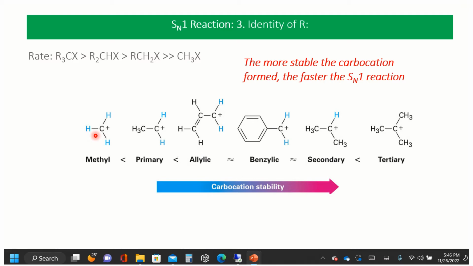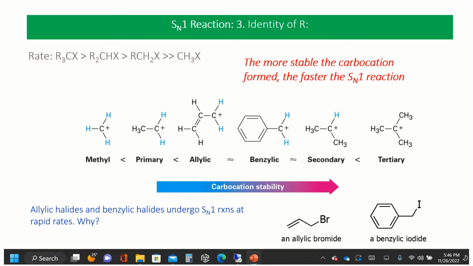Slowest reaction. Benzyl and allylic species also undergo rapid rates. And the question is why? The reason, of course, is that this dissociation will realize a species that is stabilized by resonance.